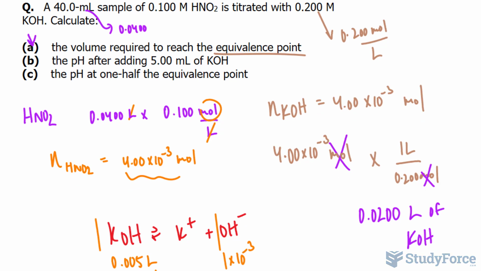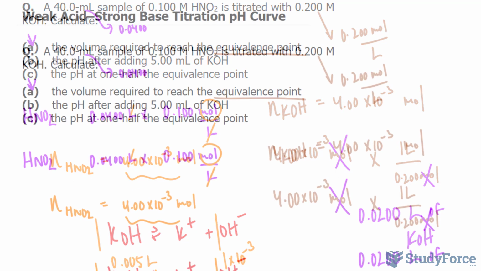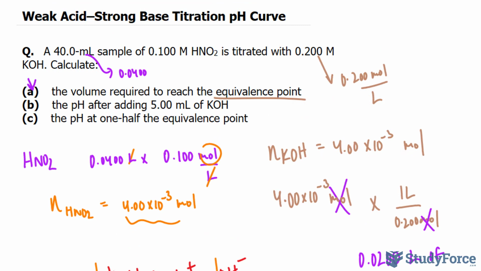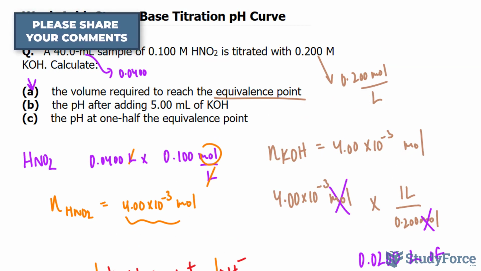Finally, in C, the pH at 1/2 the equivalence point. Remember what the equivalence point was as discussed earlier. That occurs when the amount in moles of added base equals the amount in moles of acid initially in the solution.